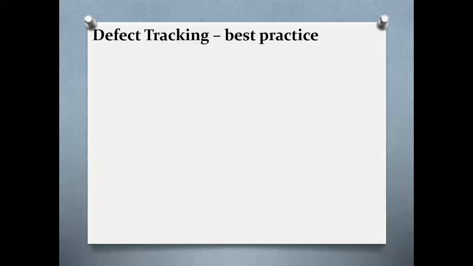A few of the best practices that you should keep in mind while reporting defects are as follows. Information capture. Defect tracking must be simple enough so that people will use it, but it cannot be oversimplified because it must capture vital information about the problem.